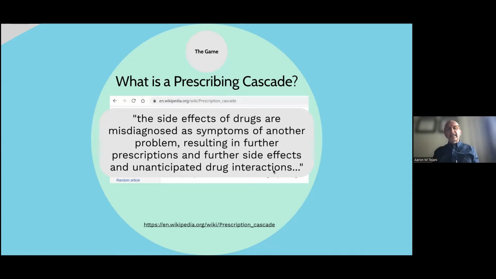So I see it as happening in settings where good people are trying to do the right thing for their patients, but inadvertently these things happen. It may be because of a lack of awareness about certain drugs causing specific adverse events, but maybe more so related to a gap in time, whereas you start a prescription, the patient starts using it, the adverse effect of that drug doesn't manifest immediately, and it manifests after a while.